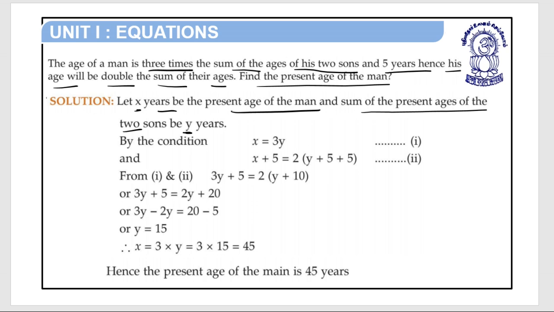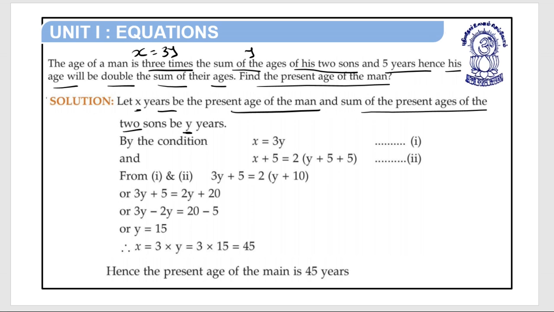So the condition is: the age of the man means x, is 3 times the sum of the ages of his 2 sons, which is y. So x is equal to 3y.